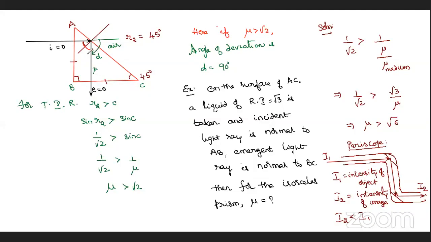In case of refraction, as I already told in optical fibers, there will be no loss of energy, lossless propagation. There is no refraction on the other side, and the light is completely totally internally reflected here. That's why you will get almost the same intensity as the object, so you can see the clear image.